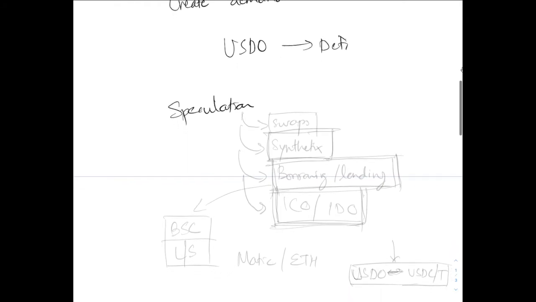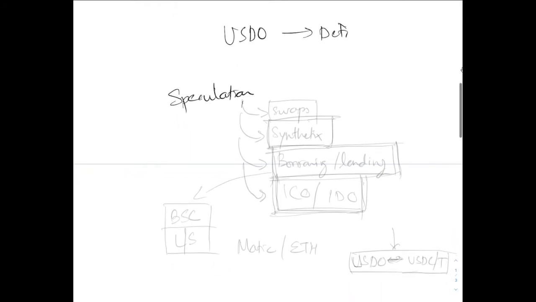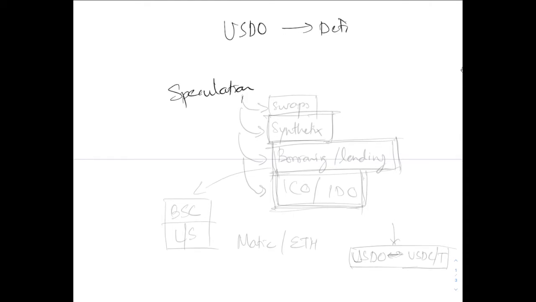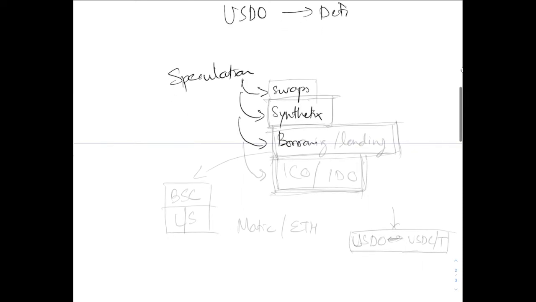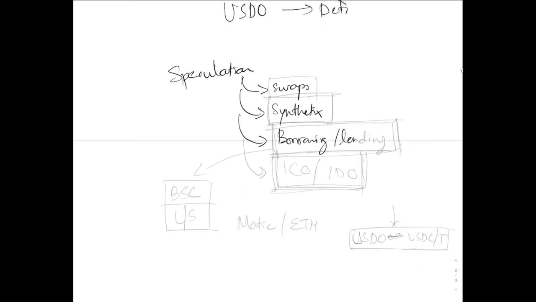So the key building blocks of DeFi really are swaps, synthetics like trading platforms, borrowing, lending, and ICOs, IDOs.